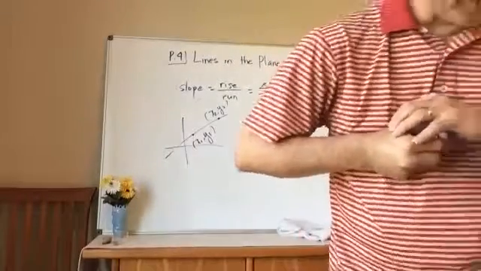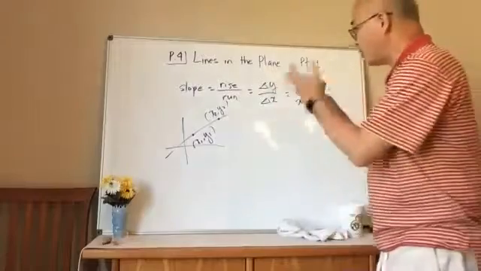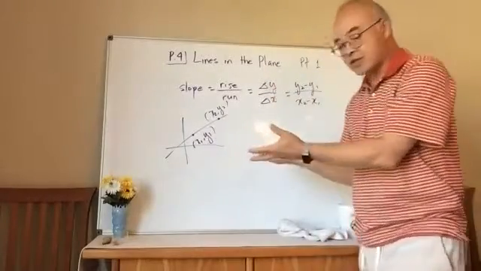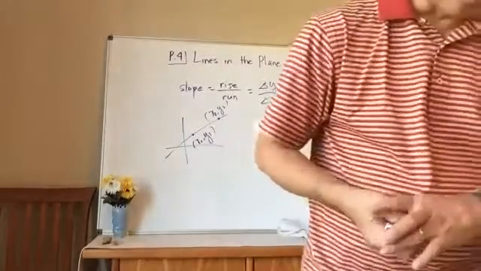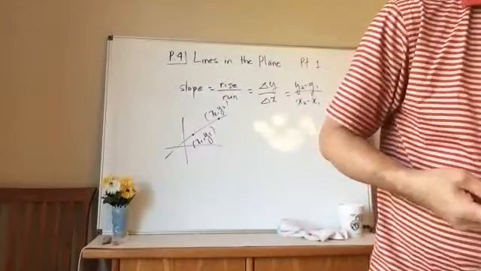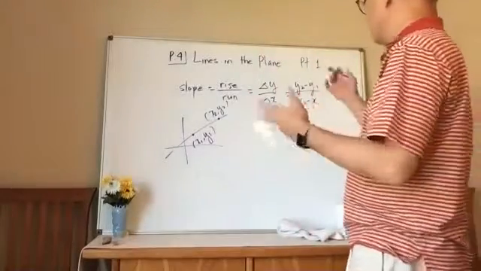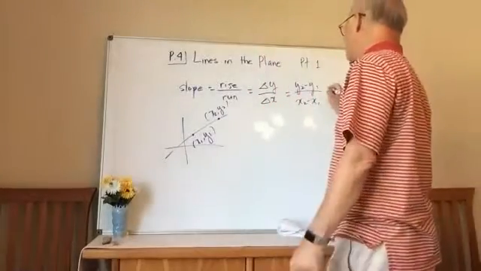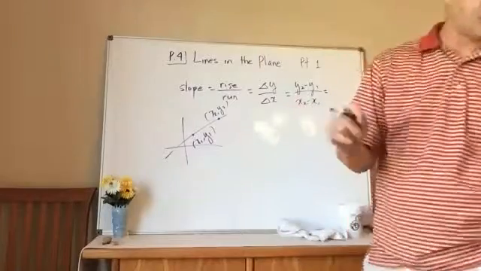If I have 2 points, I can just put them in and find the slope of the line. What is the slope generally represented by? Which variable?